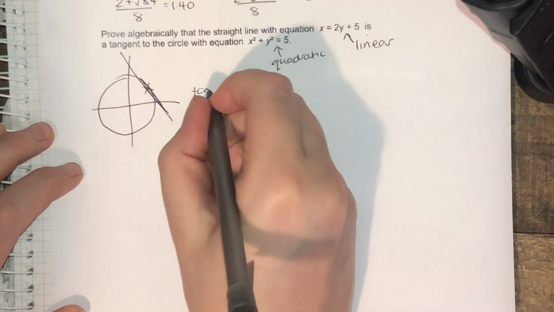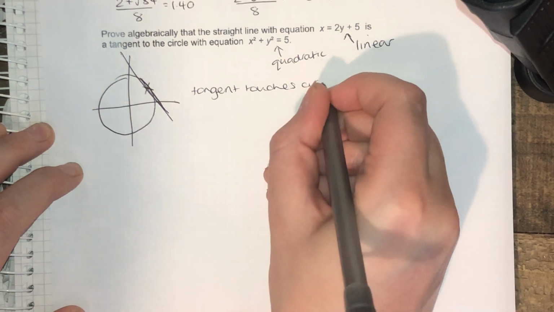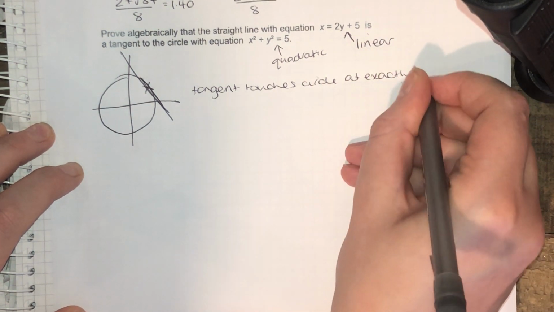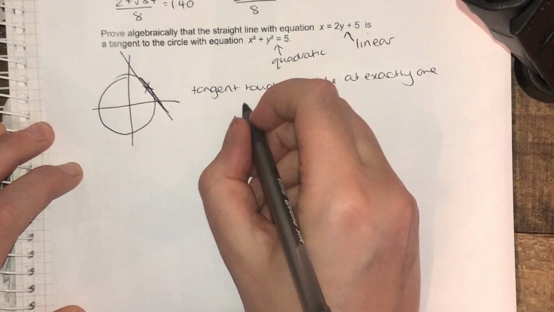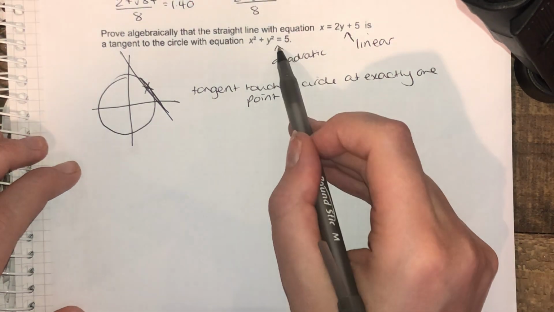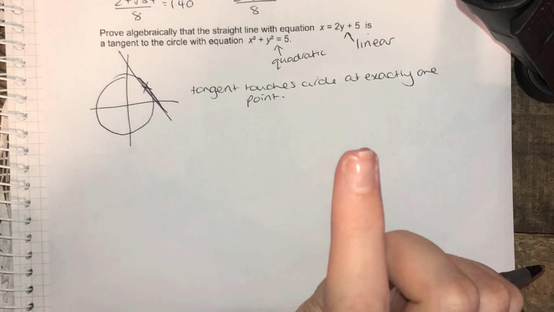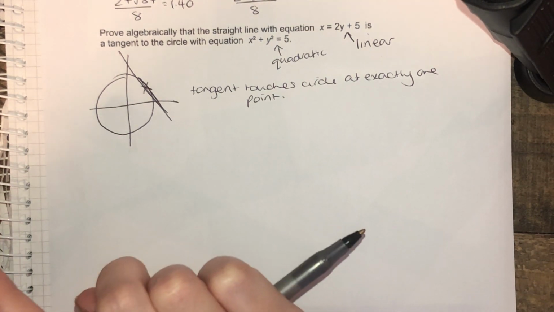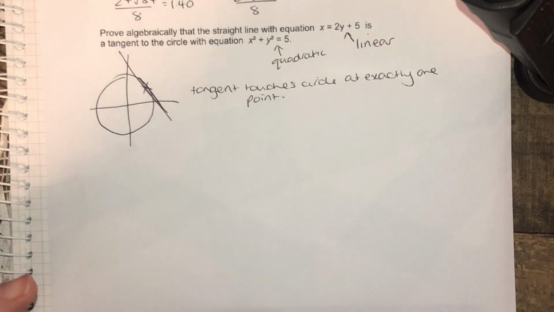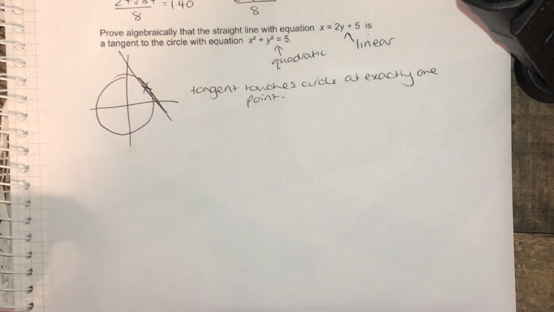So that's what we're trying to find. So that means if I solve those two as simultaneous equations, I should get only one solution, and that will prove not only that they meet at that point, but also there is only one point that they meet at, so therefore it must be a tangent.